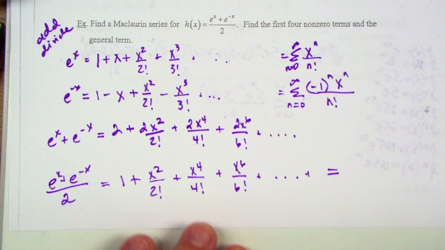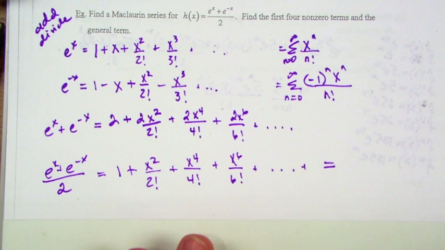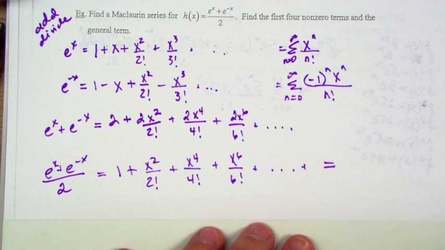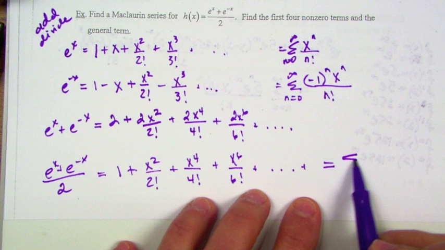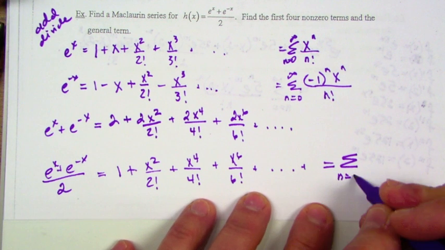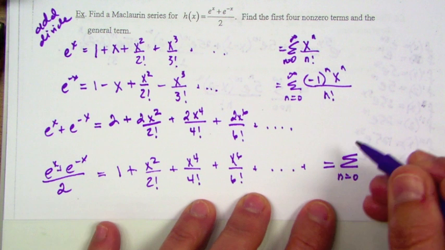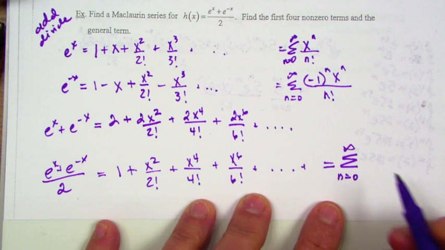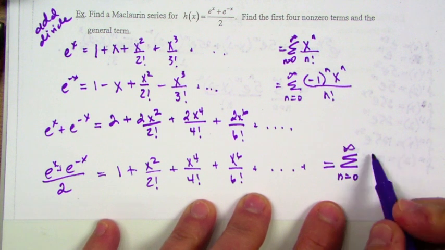It'd be the sum from n equals 0 to infinity of x to the 2n over 2n factorial.